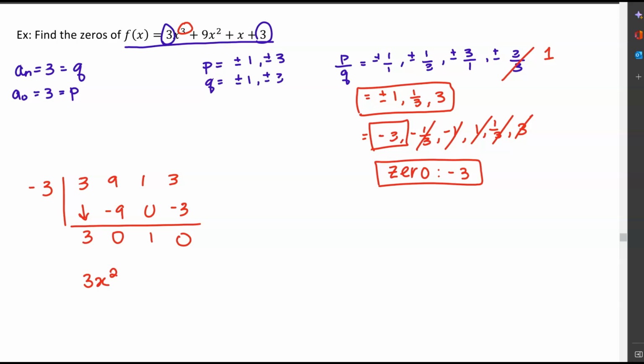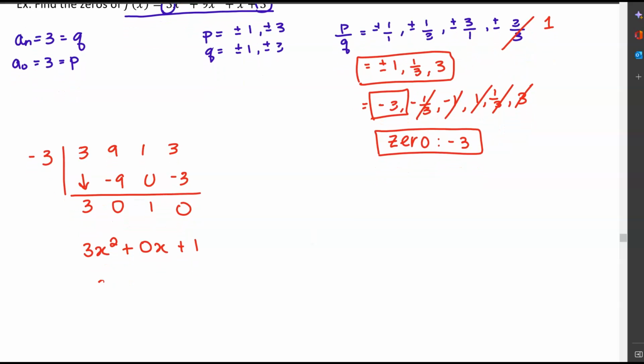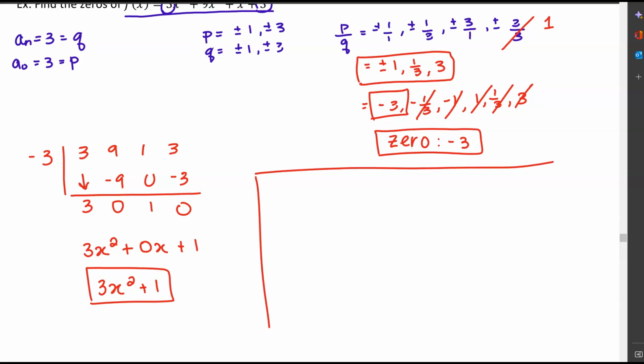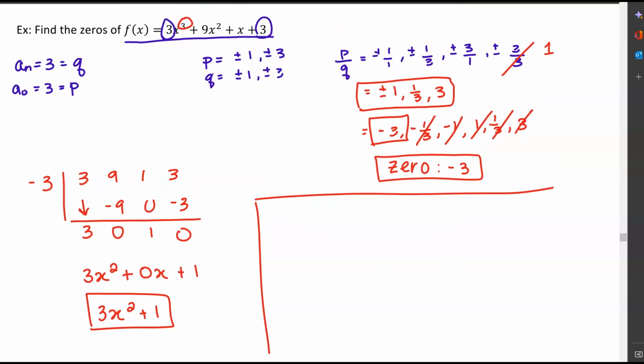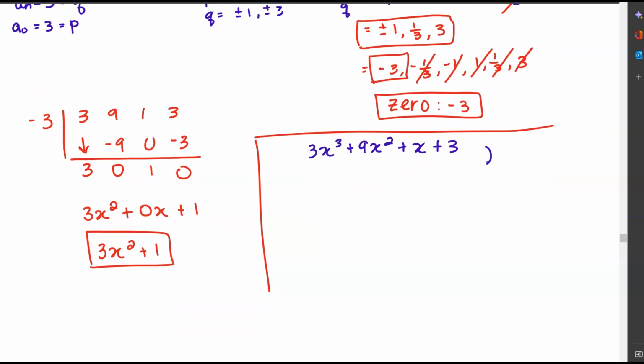So I'm going to get 3x squared plus 0x plus 1. Or in other words, this becomes 3x squared plus 1. Okay, so this is my quotient. This tells me that, going back over here to the polynomial 3x cubed plus 9x squared plus x plus 3, that this polynomial is factored to be x plus 3.